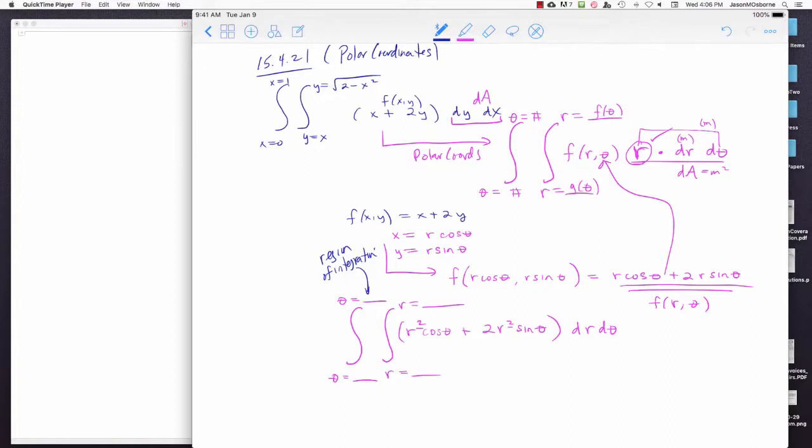We're going to draw the region in the xy plane, because it's the region of the original problem. So you need to look at these limits and sketch your region of integration.